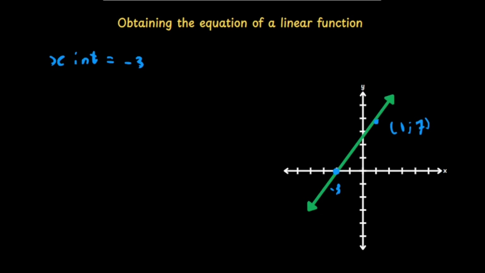So our first step in this situation would be to calculate the gradient of this function, okay? And this can be done using the equation for gradient, which is m is equal to y2 minus y1 over x2 minus x1.